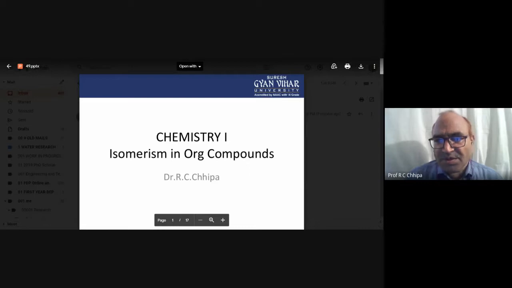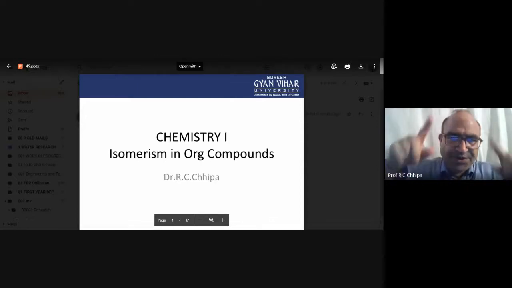In the periodic table, going from left to right, we have the groups, 1 2 3 4 5 6 7 8 9 10 11 12 13 14 15 16 17 and 18 groups in the periodic table.